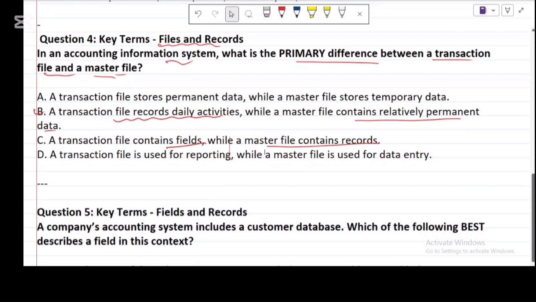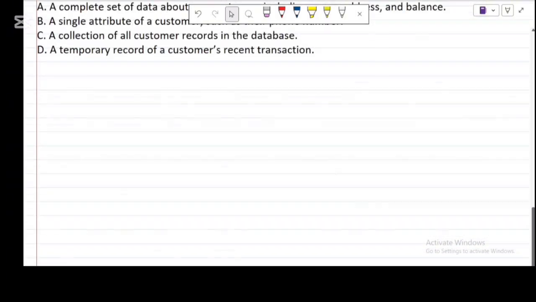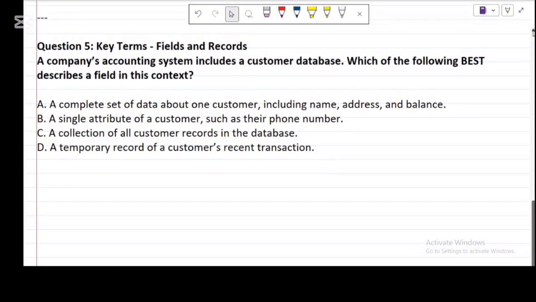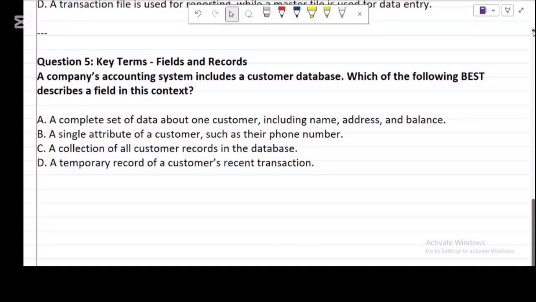And I think this is the last one. Here, this is MCQ number 5, on fields and records, again related to the field concept. A company's accounting system includes a customer database. Which of the following best describes a field in this context? If you look at option B, a single attribute of a customer, such as their phone number.